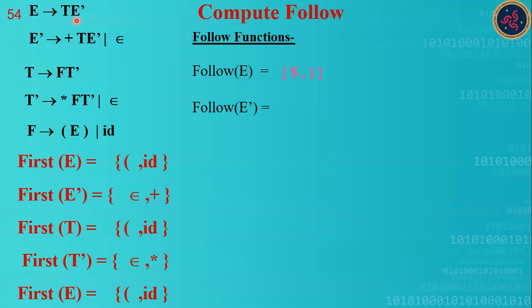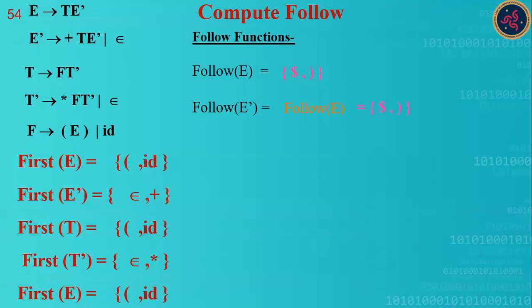So we have to find the follow of the LHS of this production, applying rule number 2. What is the LHS? E. So find follow of E. What is follow of E that we found? That is dollar comma closing bracket. So E prime will have the same value, that is dollar symbol comma closing bracket.